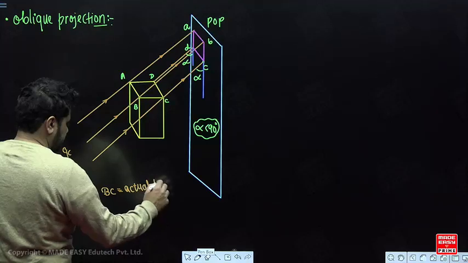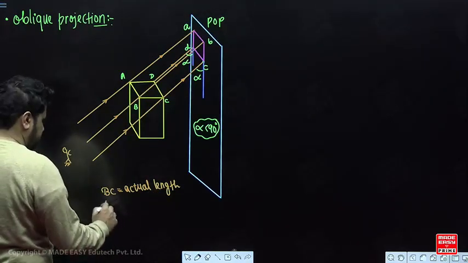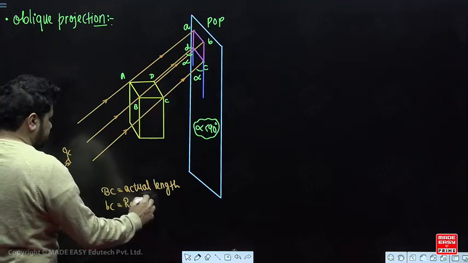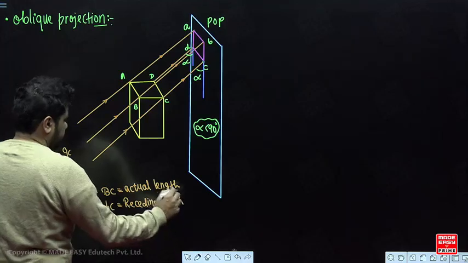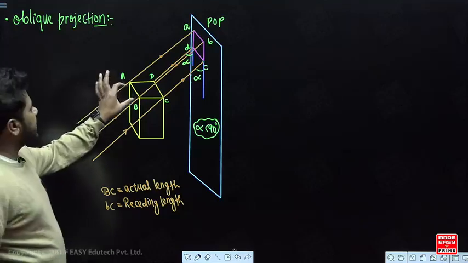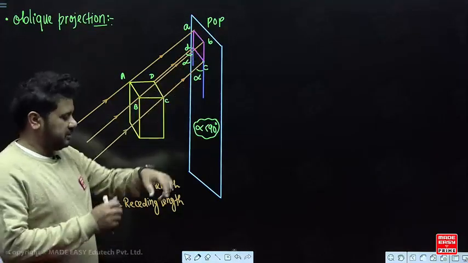BC is your actual length, and small bc is called the receding length. BC is your actual length, but its projection, small b and c, is called the receding length. Now this AB you will see exactly the same size, but this BC length will change.